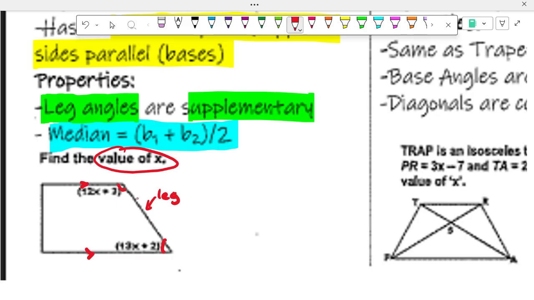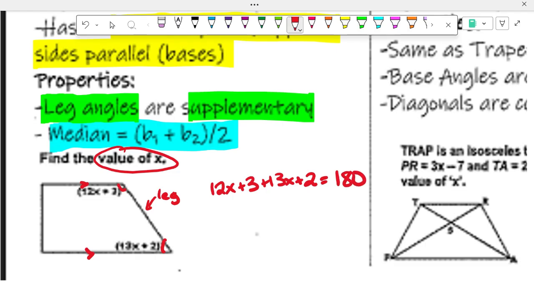In other words, one of the rays that form them is the leg itself. Since they're supplementary, how would I set my equation? 12x plus 3 plus 13x plus 2 is equal to 180.